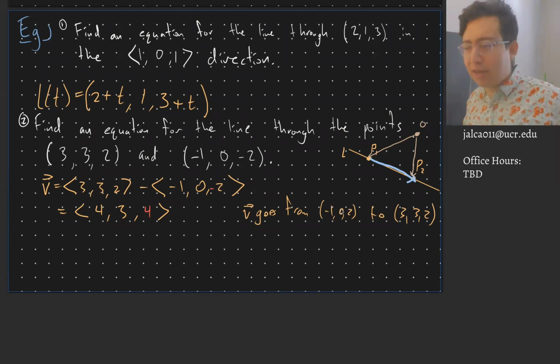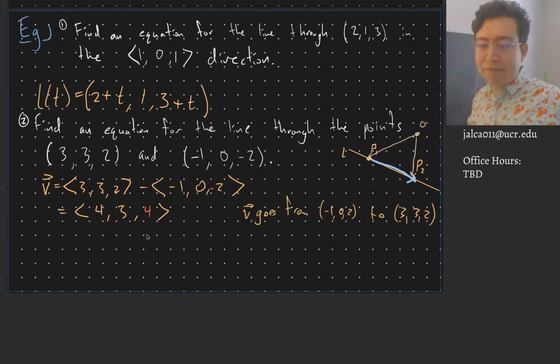It turns out that it's not actually going to be too important which point we choose once we have the vector. But in this case, based on the picture I drew, this would be P1 and this would be P2, because I did P2 minus P1. That's what I drew here. So the point I choose should be P1. Basically I'm starting at P1 in the V direction. And so then I can just write that here.